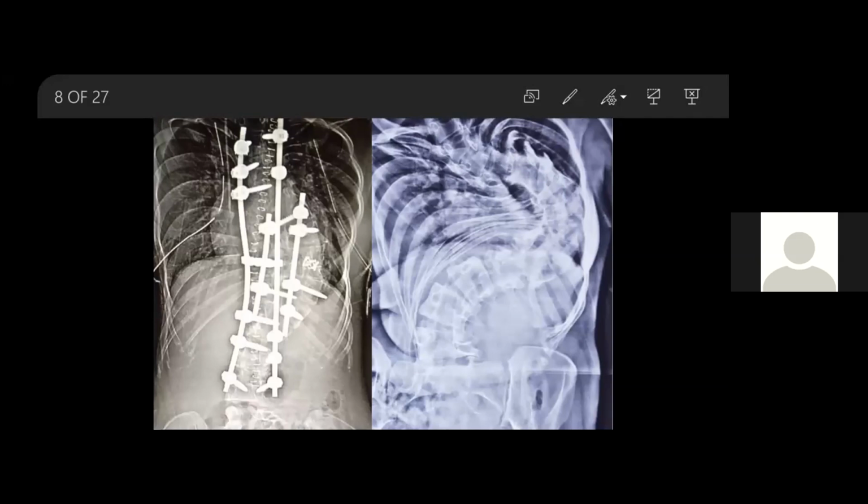Most of the curves, you will be able to somehow attach the screw onto the rod. With the other systems, the top loading and all, sometimes you will struggle. If you are regularly using the USS2, you'll be able to attach it somehow. But in that case, even with the USS2, it was very difficult.